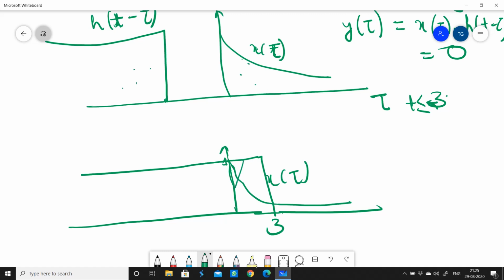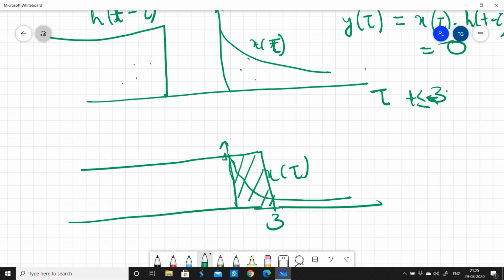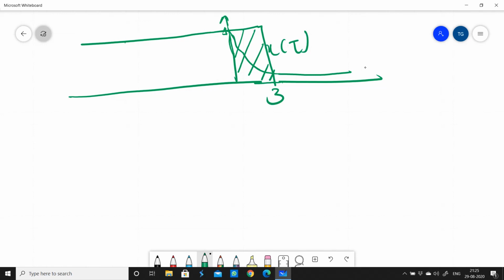So we can see this part is getting overlapped, and so our convolution will be, this is nothing but my h of t, here 3 minus tau. Okay, so y of t in this case will be, there is some overlapping, so this is not 0, this is a non-zero term now.